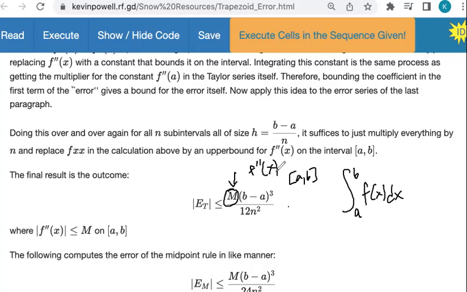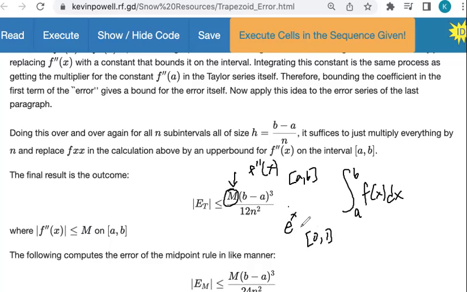So, for instance, if f of x is e to the x, an increasing function, then f double prime will also be e to the x. If we're on the interval from 0 to 1, what's the biggest e to the x can be on 0 to 1?